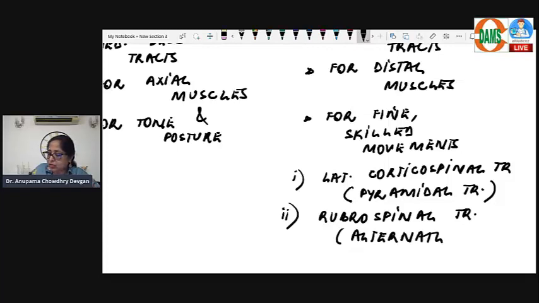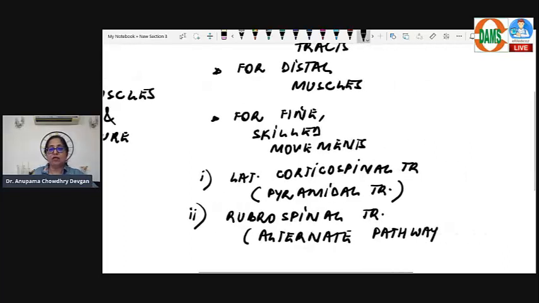Right? These control the distal muscles, and they are meant for fine skilled movement.